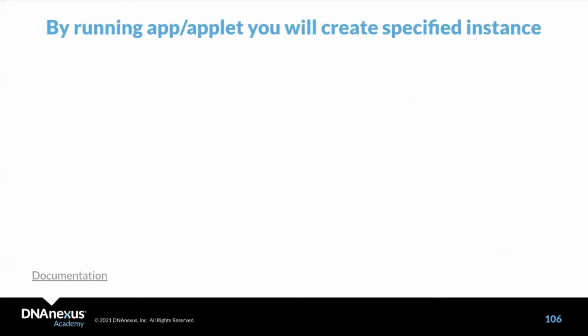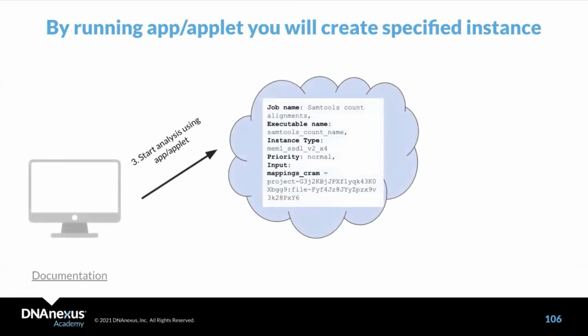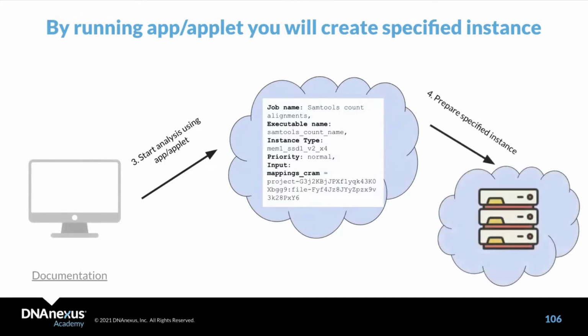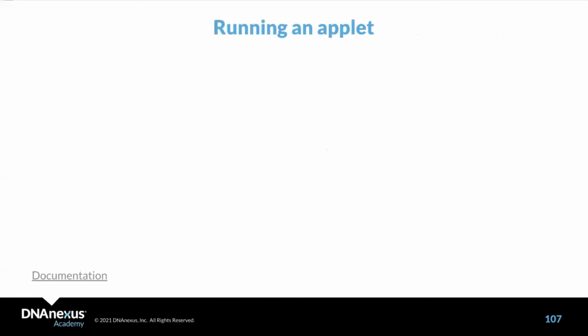So when you're running your applet, and you may remember this slide from the first part, you start your analysis using an applet, and by doing that, you're actually sending all of the specification, and this specification is predefined when you are building your app or applet. And using this specification, the specific instance is prepared in the cloud for you to run your applet or app.